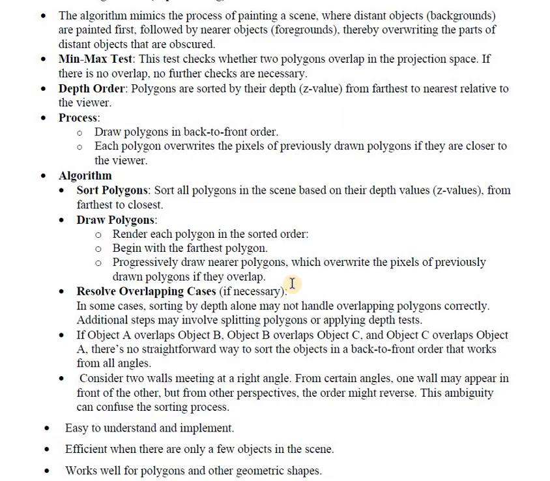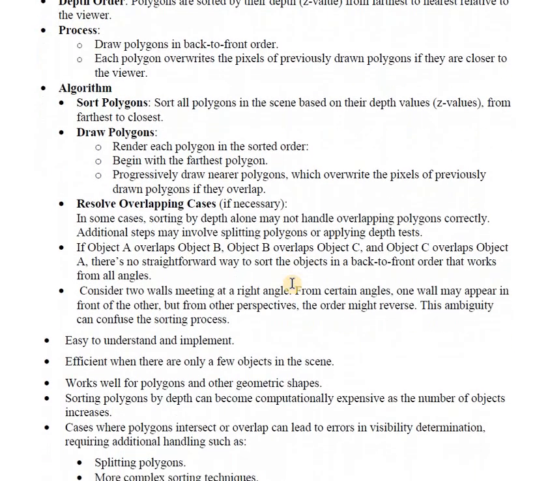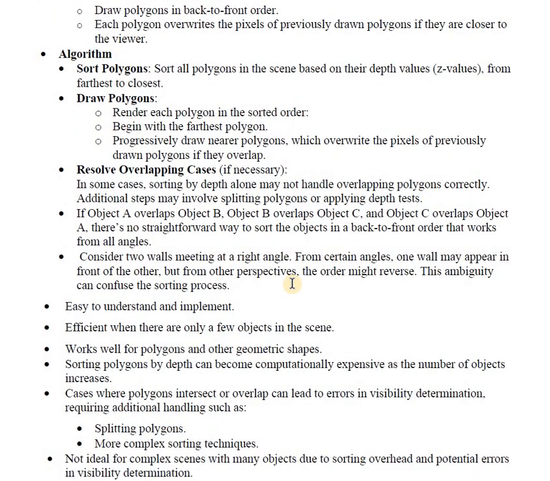Whatever you have drawn earlier, those pixels are obviously going to be overridden if the polygons overlap. Now, in case there is a cyclic overlapping, then it creates a problem, because then there is no straightforward way to sort the objects from back to front.